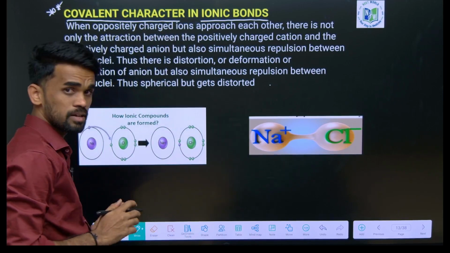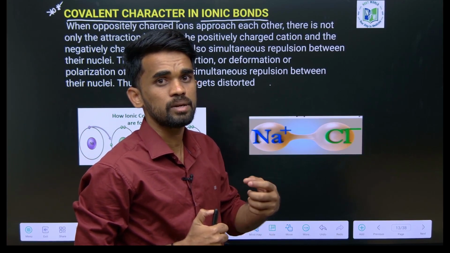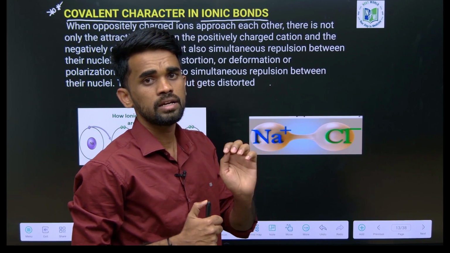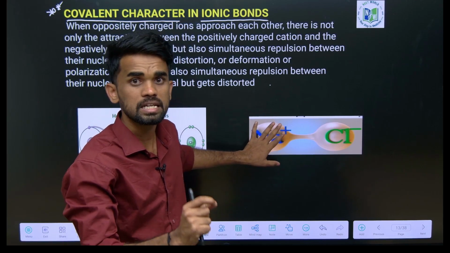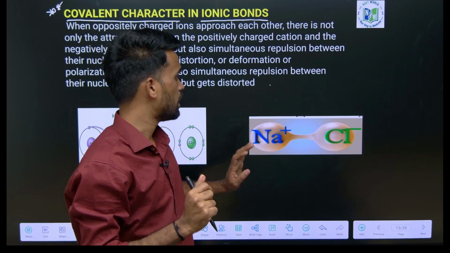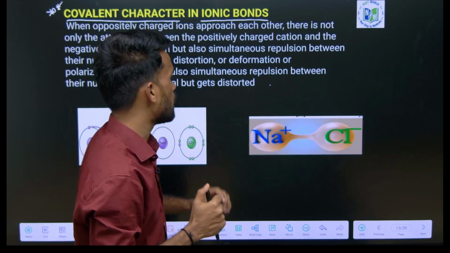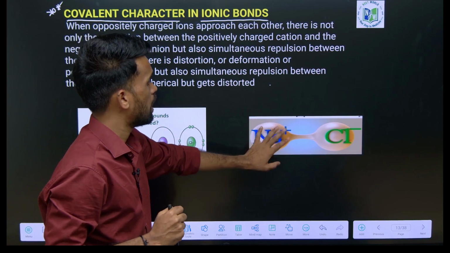Once again, there is no 100% ionic character for a particular compound. There will be at least some amount of covalent character in that compound. For example, NaCl is an ionic compound, but it is not 100% ionic. I hope it is clear. There exists some amount of covalency, or covalent character. We will see why exactly this happens.